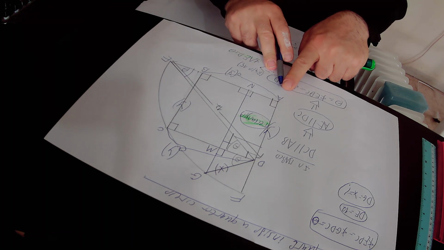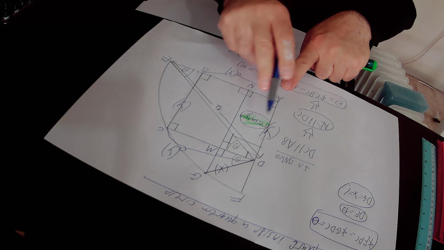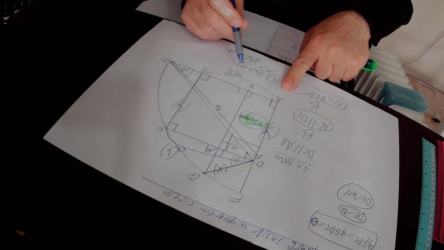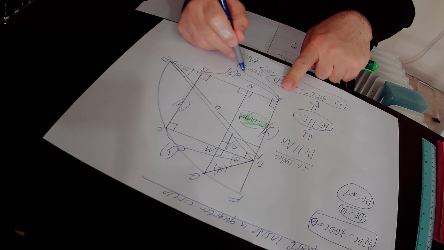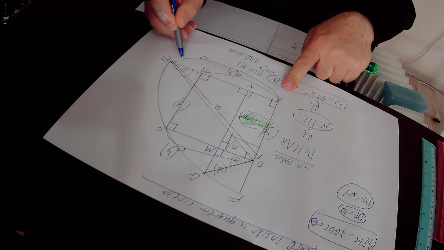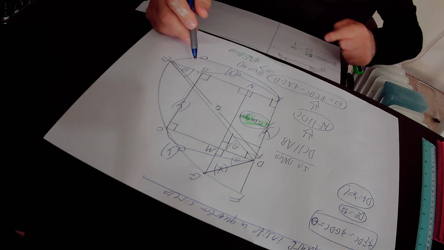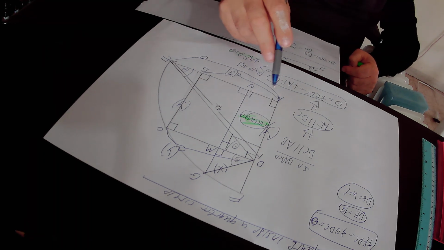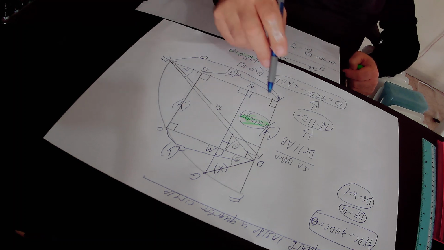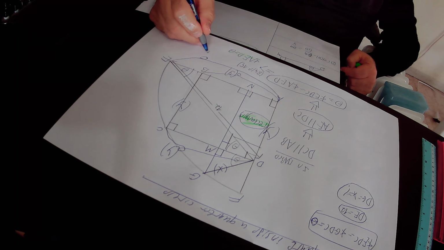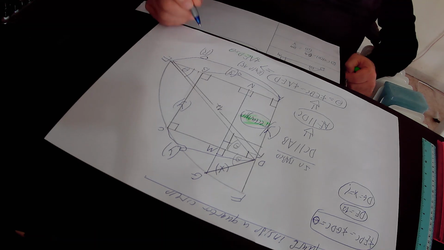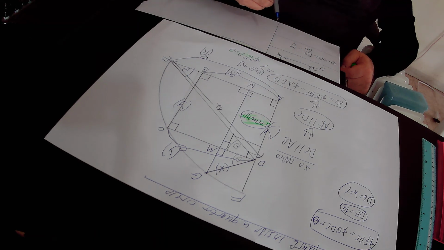Side AE starts from point A, that is the center of the quarter circle, and ends at point E, that is a point on the quarter circle itself. This is exactly the definition of a radius. Therefore, AE is the radius of this quarter circle, and we define the radius as R, therefore AE equals R. So now I'll copy this right triangle ADE in the new page, and we will analyze it.